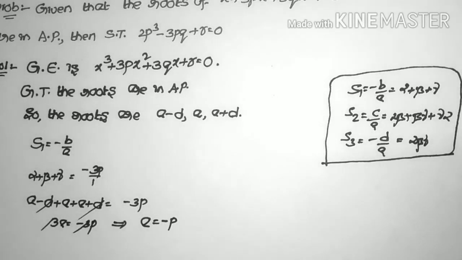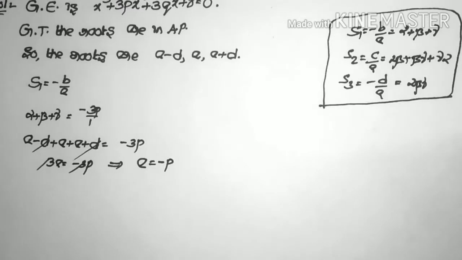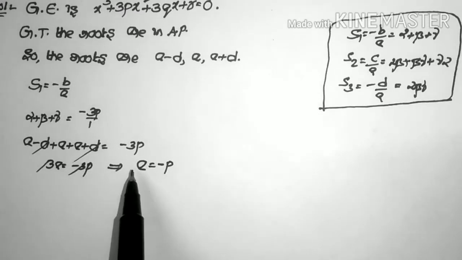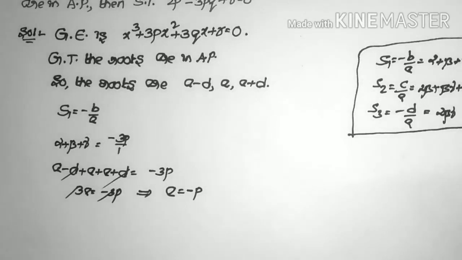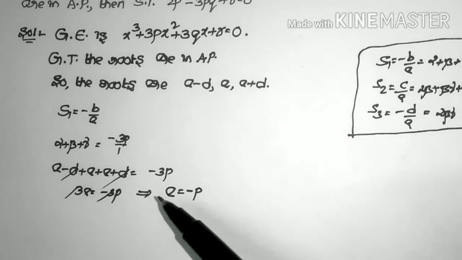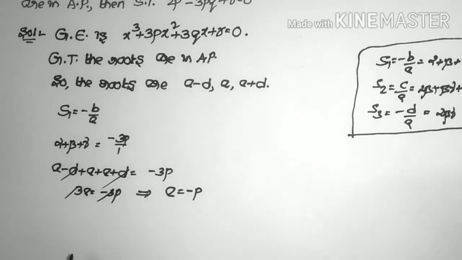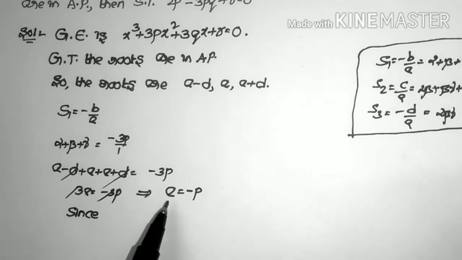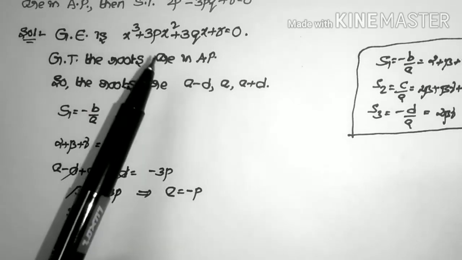So here we get one value, a is equal to minus p. But what is a here? a is a root of the given equation. What is the meaning of a root of the equation? A root of the equation means that value satisfies the equation. Since a is a root of the equation, a satisfies the given equation.